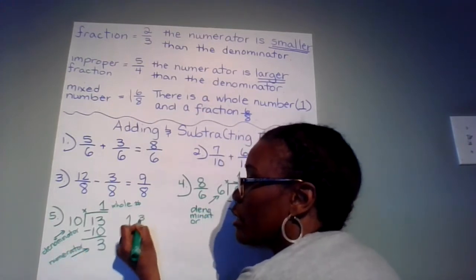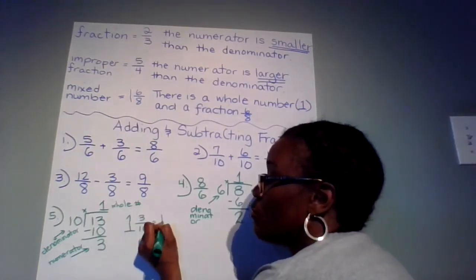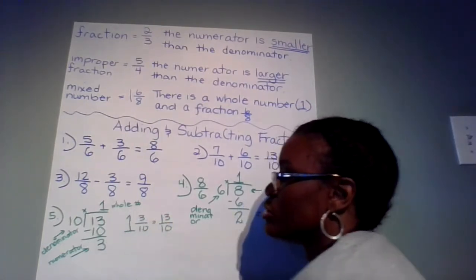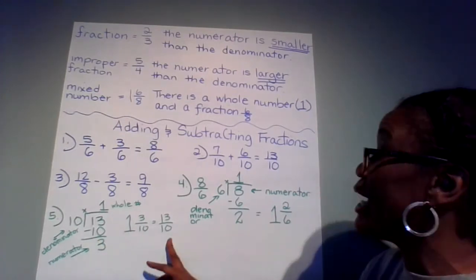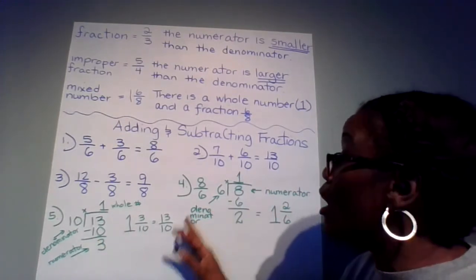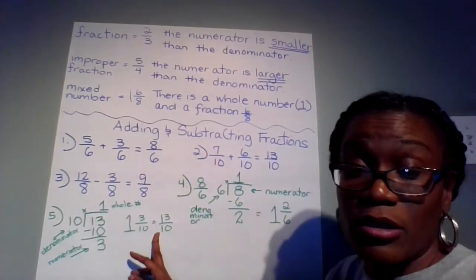So 1 and 3 tenths is equal to 13 tenths. So scholars, that is how you change or convert an improper fraction into a mixed number.